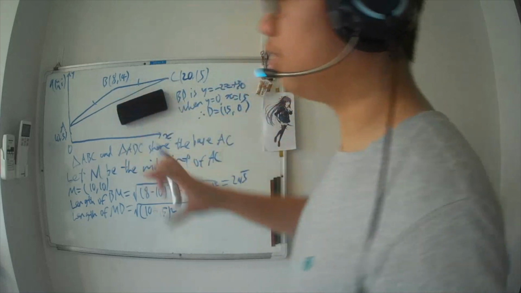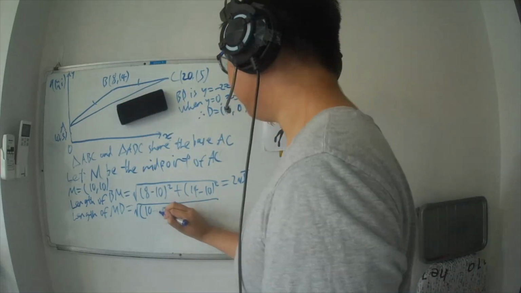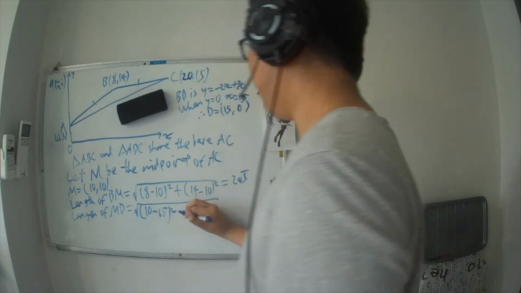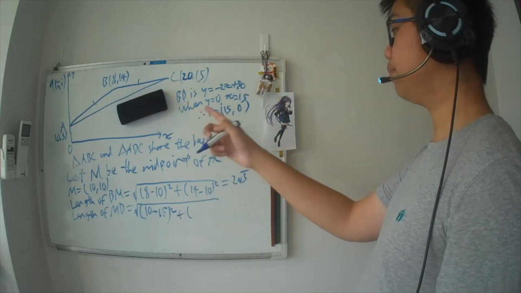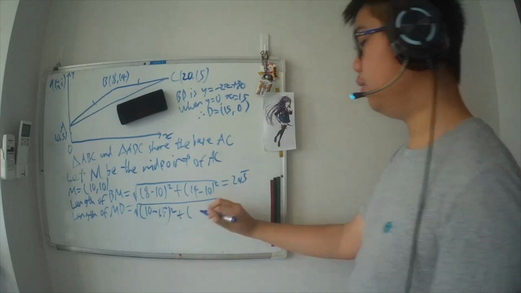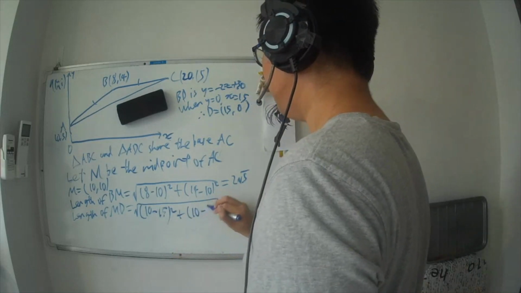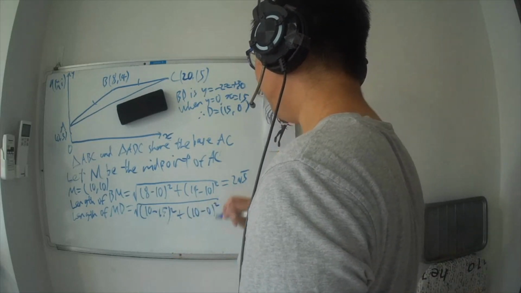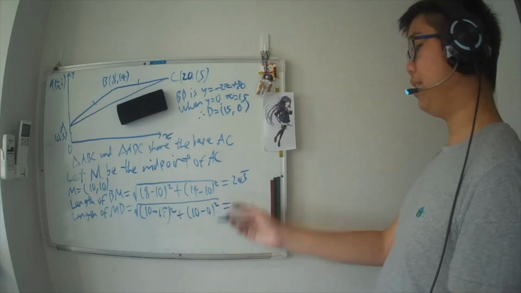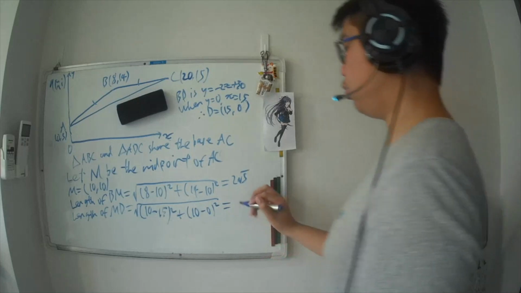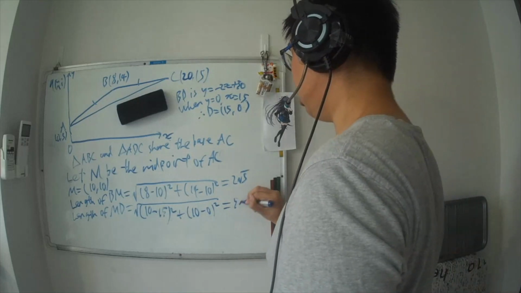I'll change marker after this question. Plus, let's see, yeah, still 10 minus 0 squared, and this is just equal to 5 squared plus 10 squared, so square root of 125, which is 5 times the square root of 5.